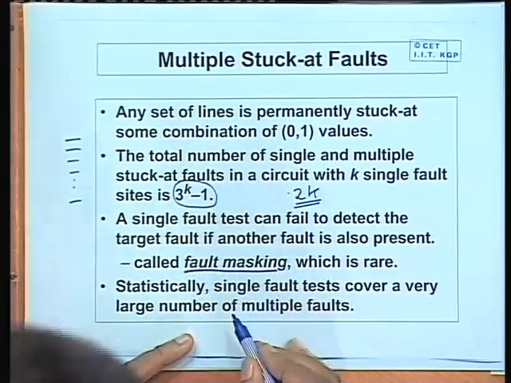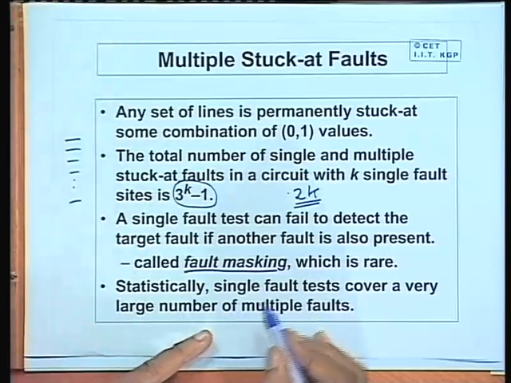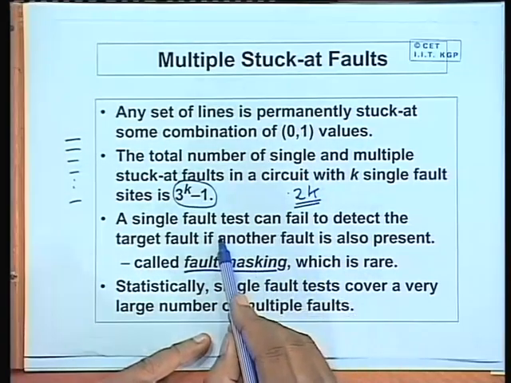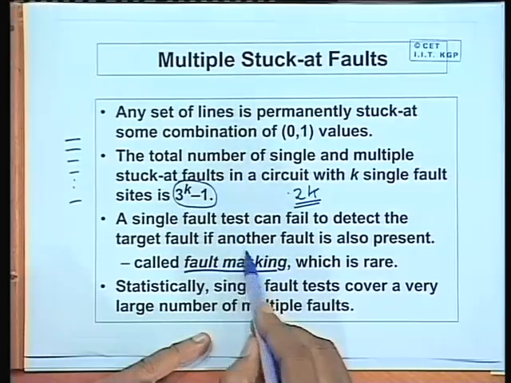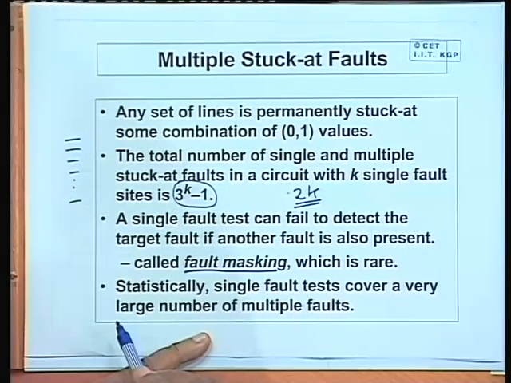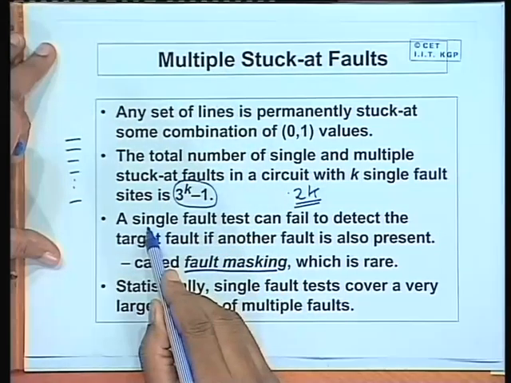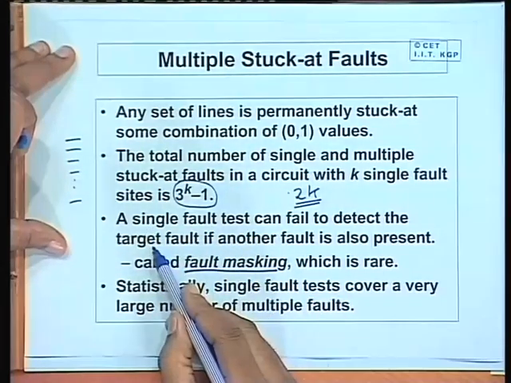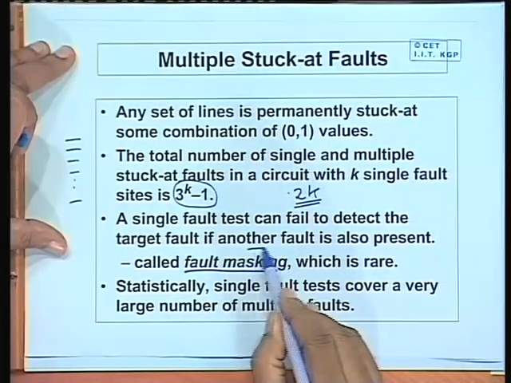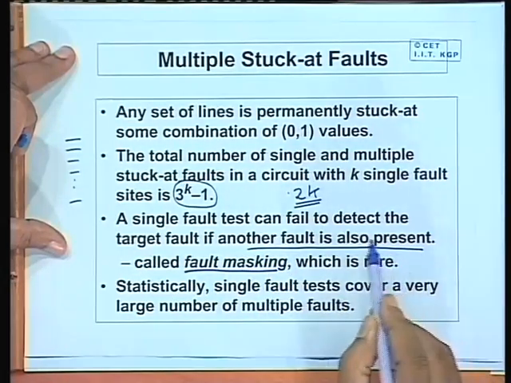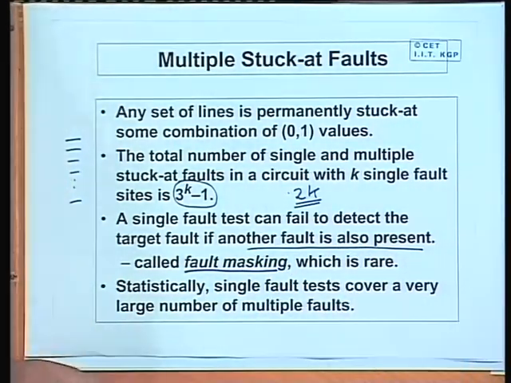Now, fault masking says that if more than one fault occurs at a time, then a test set to detect one fault may be invalidated if another fault is also present. Well, I will just illustrate this with an example.